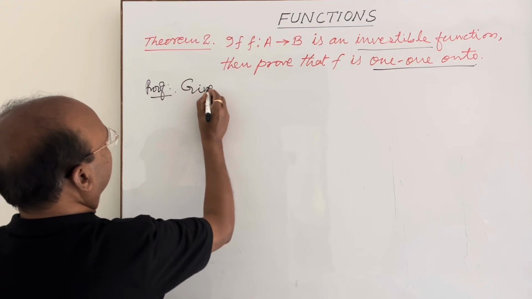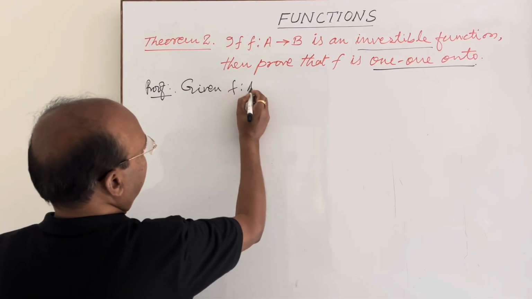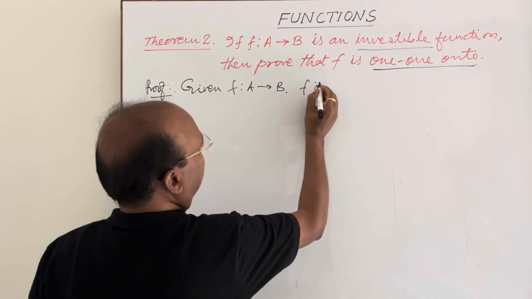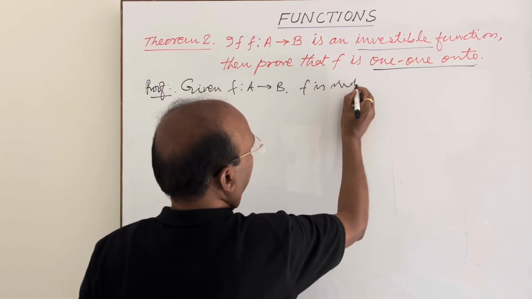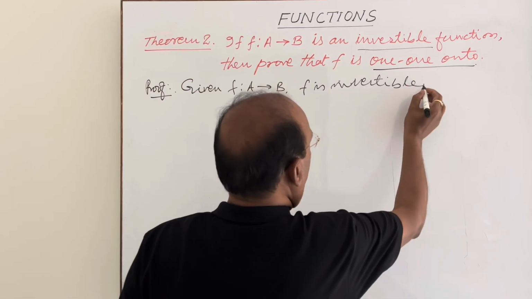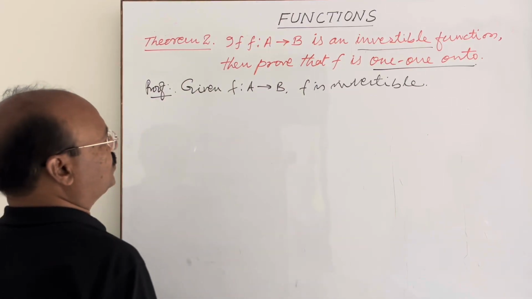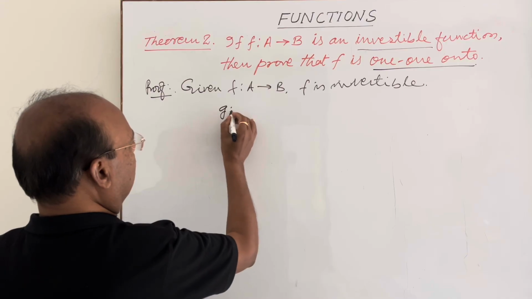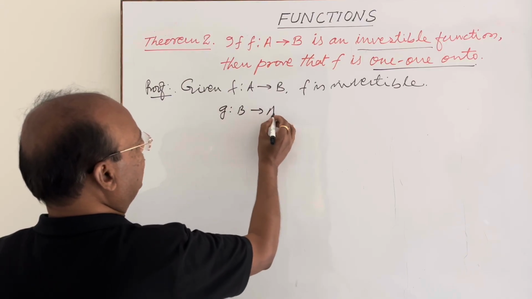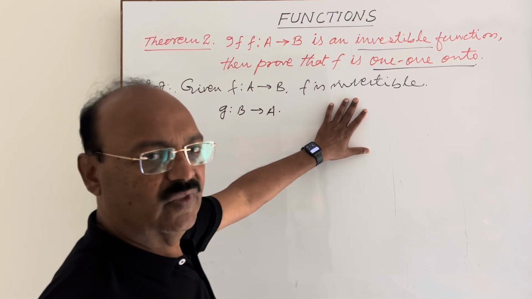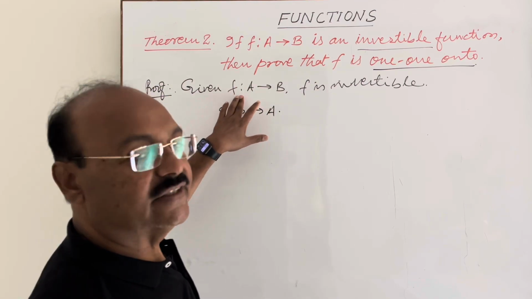Given: function f is defined from set A to set B and f is invertible. So let us suppose that g is a function defined from set B to set A. Invertible means the inverse of this function exists.